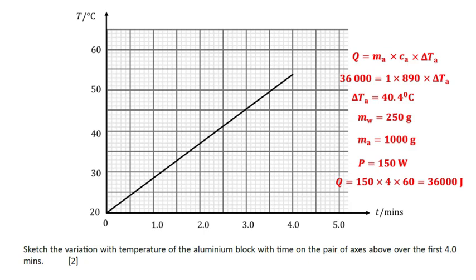Donc, la température de l'aluminium augmente de 40.4 degrés Celsius. Et l'initial temperature, c'est 20 degrés. Alors, tout ce qu'on a à faire, c'est ajouter. Et nous gagnons 60 degrés Celsius to 2SF. Et là, nous avons the variation with time for the temperature of the aluminium block.